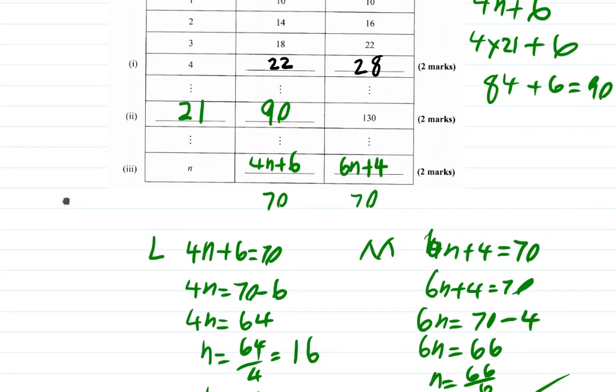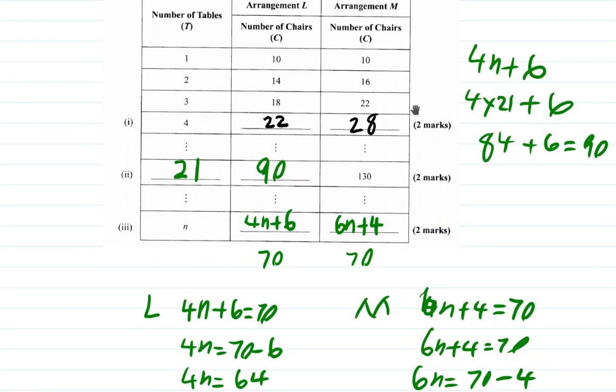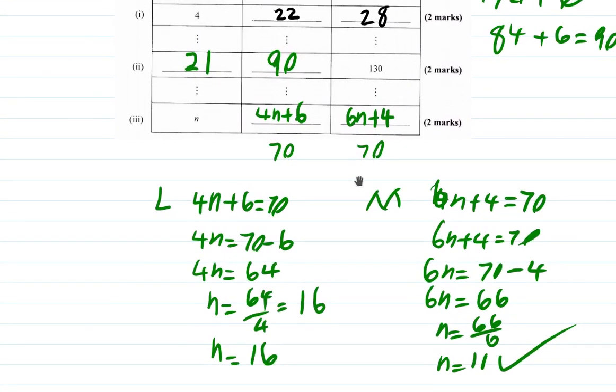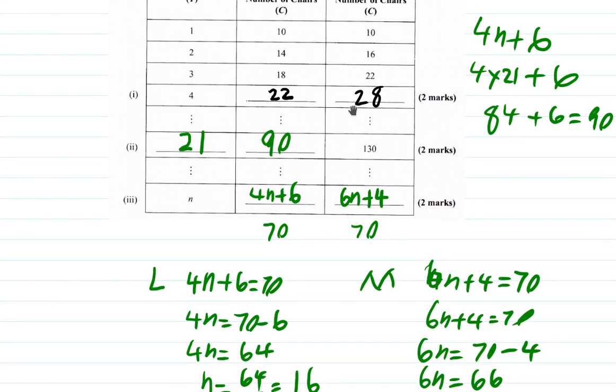Now, if you guess, you might get it wrong, because you see these numbers for M were larger than for L. These are the number of chairs.